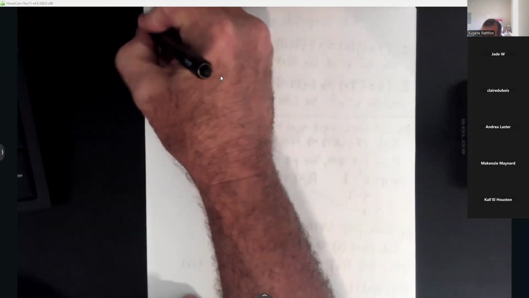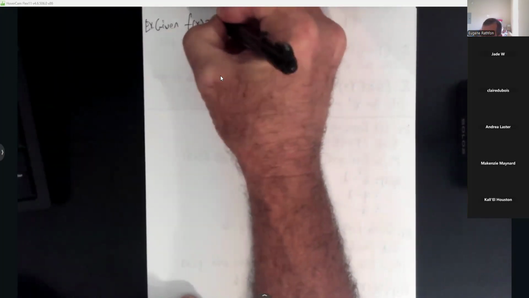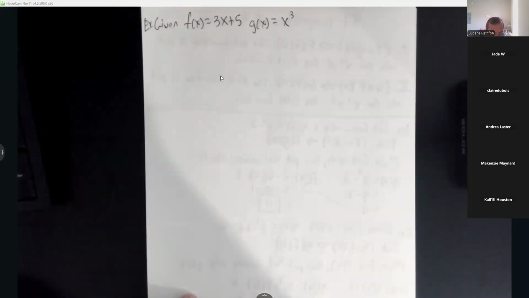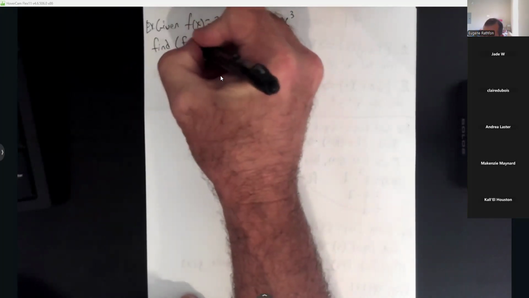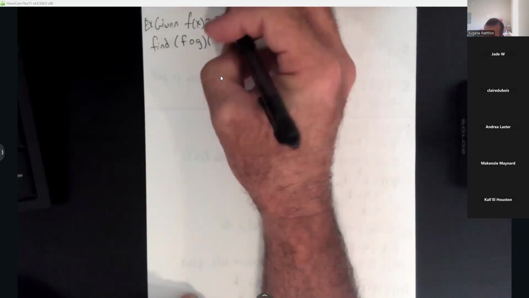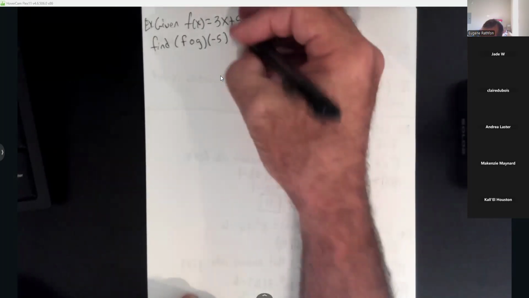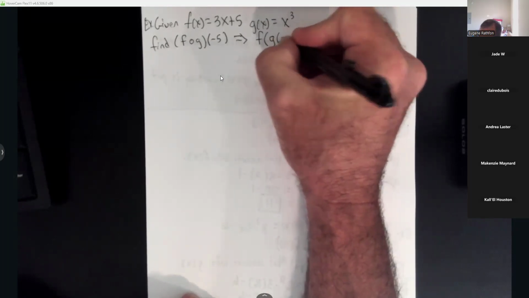All right, so this one, given f of x equals 3x plus 5, and g of x equals x cubed, they want us to find f compose g of a negative 5. So f compose g of negative 5 is the same thing as f of g of negative 5.